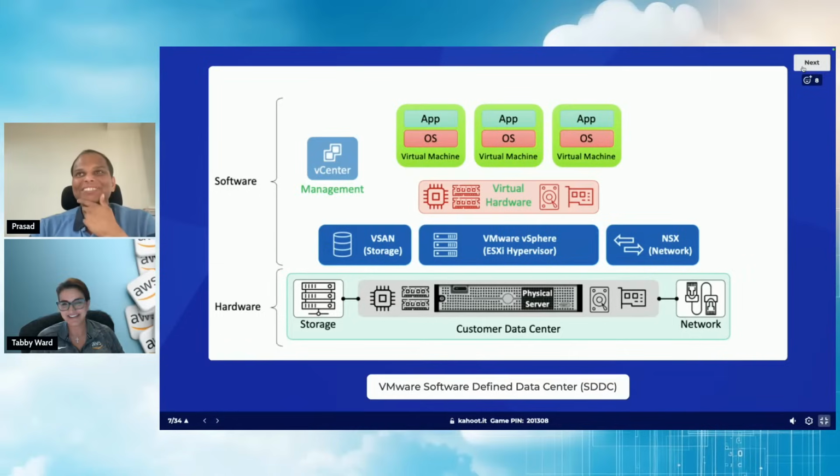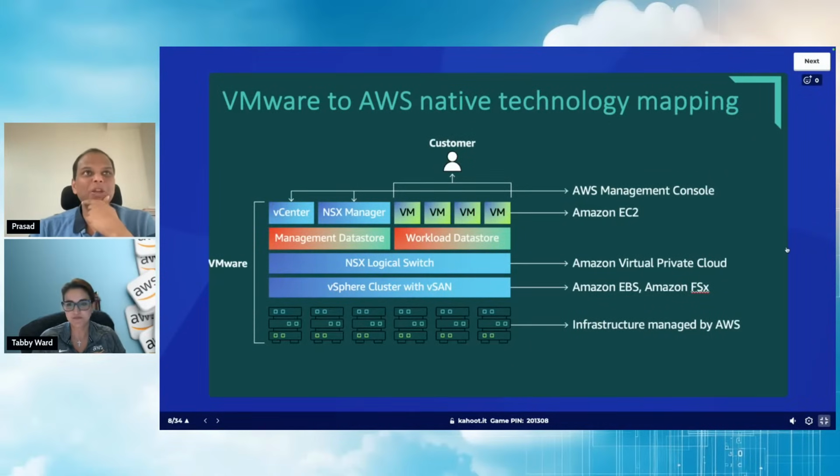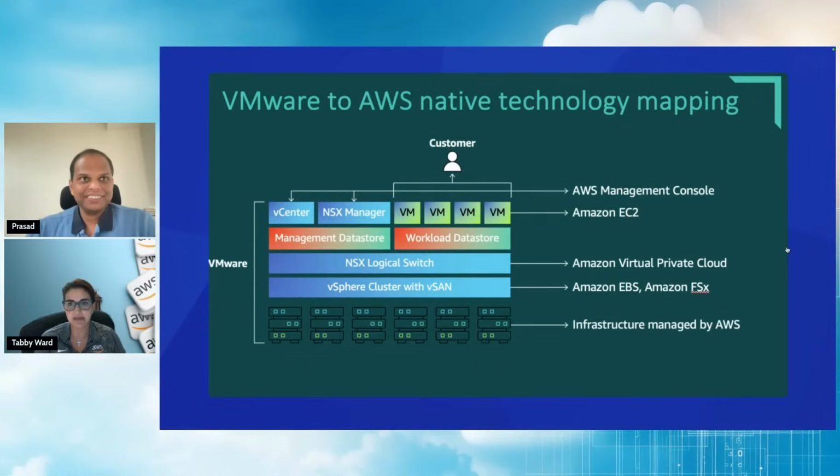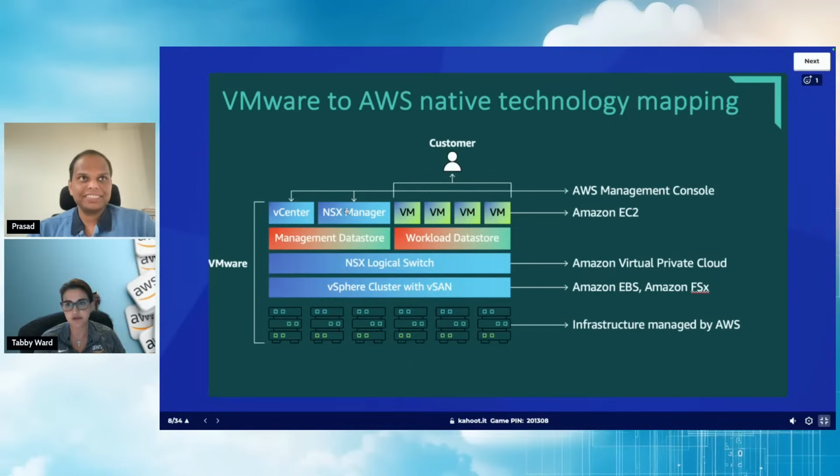Okay, with that, let's move to the next slide. How do we map VMware to AWS native technology? Yeah, good transition. So if you look at it, the management layer, the VMware vCenter and NSX Manager, corresponds, when you migrate things, to the AWS Management Console, right?